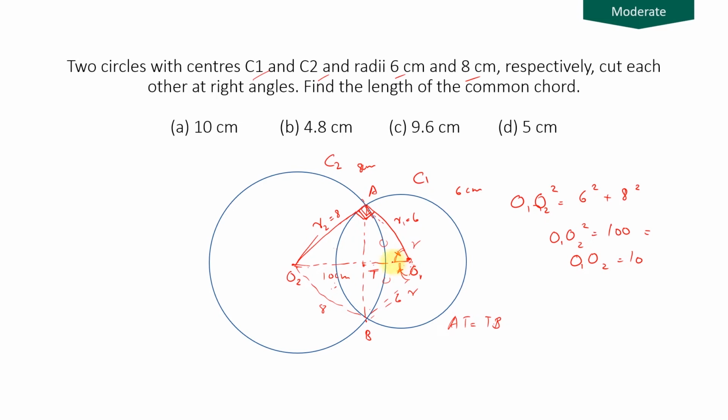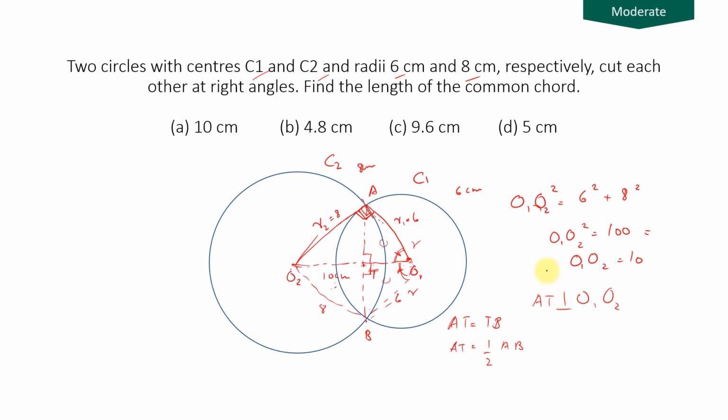And we have also seen in the previous video that if a line from center is bisecting a chord, then that line is perpendicular to the chord. So therefore, we know that AT is perpendicular to O1, O2 and AT is half of AB because AT and TB are equal. So AT is half of AB.